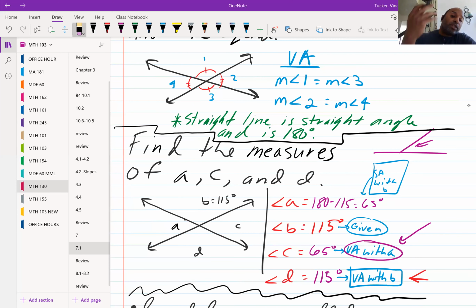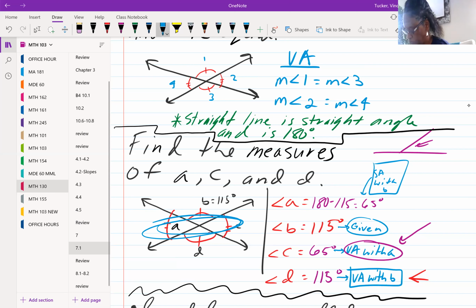So now we have intersecting lines. Going back to what we just finished talking about, because we have intersecting lines, that means we have these vertical angles. That's where I was doing this right here, just to remind us that B and D are equal to each other. A and C are equal to each other.